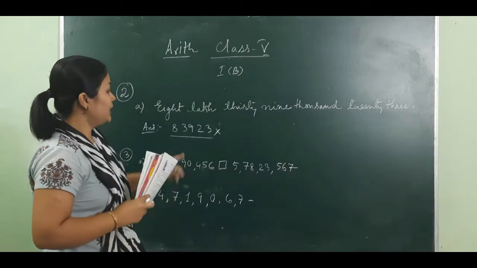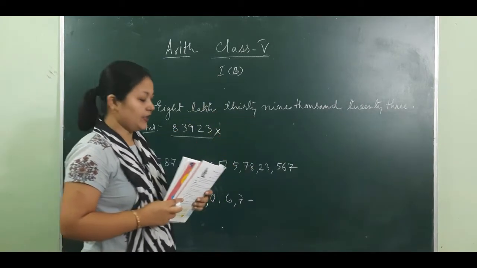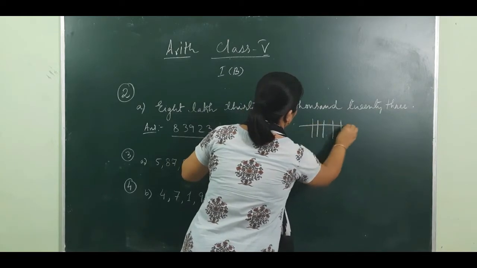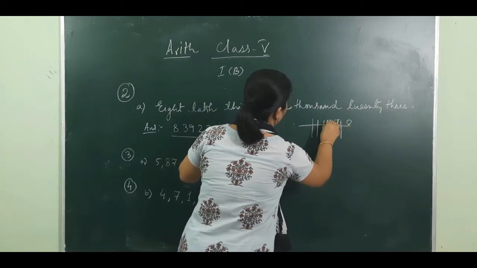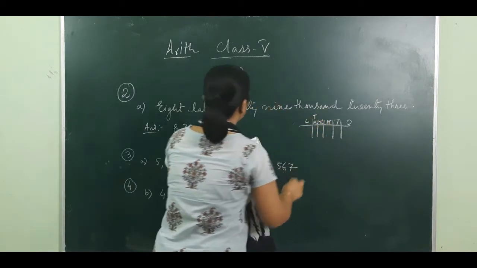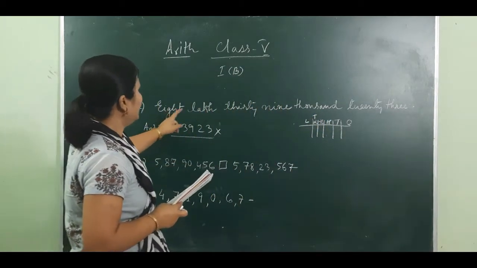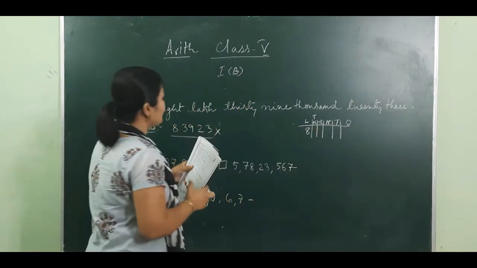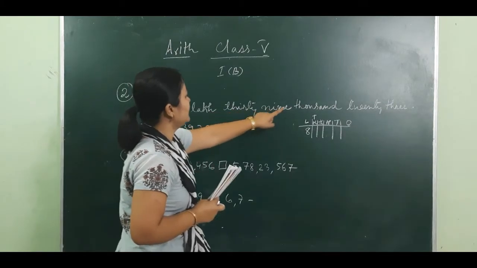Okay, so to do this you have to make a chart. You have to make a table like this: ones, tens, 100, 1000, 10,000 and lakh. So 8 lakhs, so you will write this 8 here. Okay. Then we have 39,000.